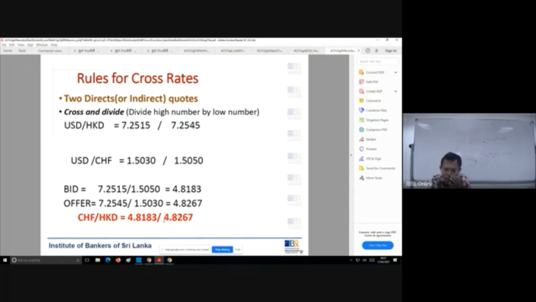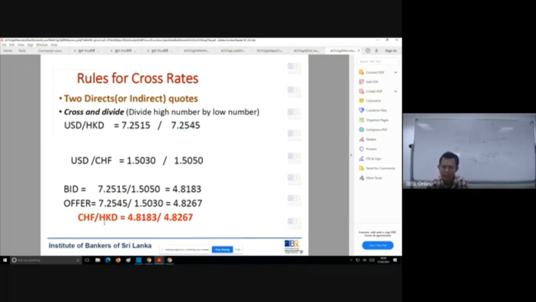Then how do you decide whether it is CHF HKD or HKD CHF? Same thing we did now on the board. Here it is easy. Why? USD is on your common platform. Who pays more? For one USD, HKD is 7, and for one USD, CHF is 1.5. Who pays more for the dollar?